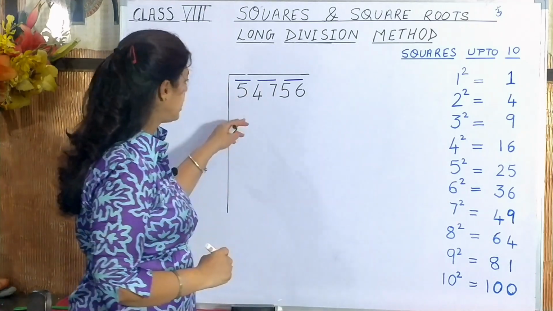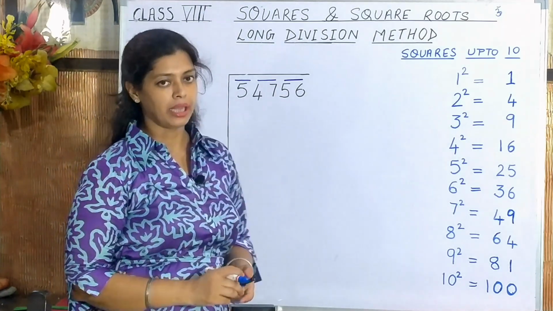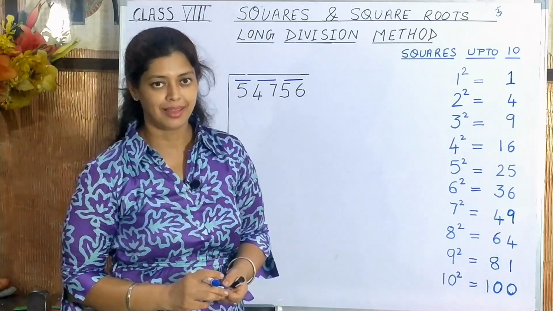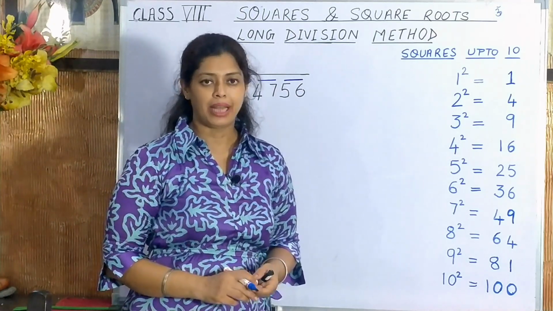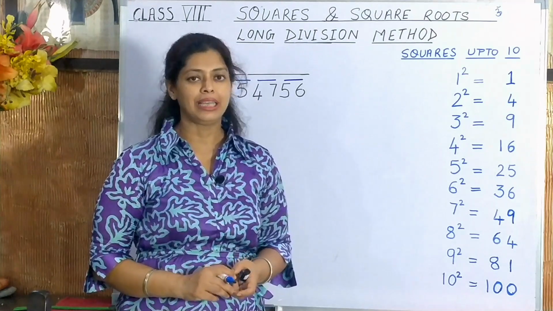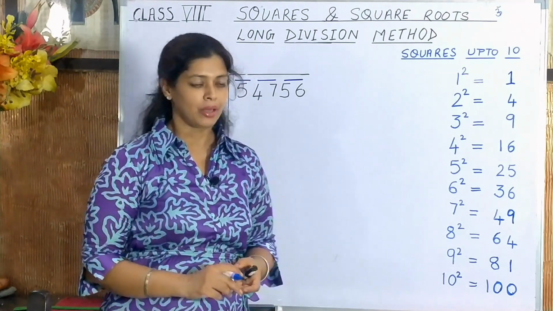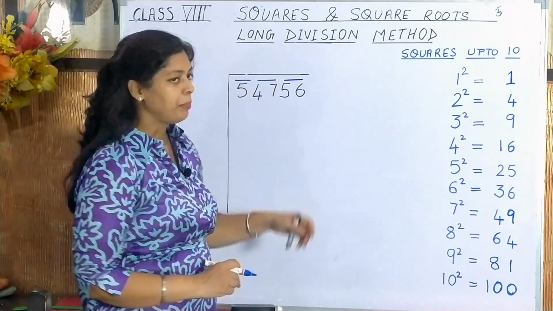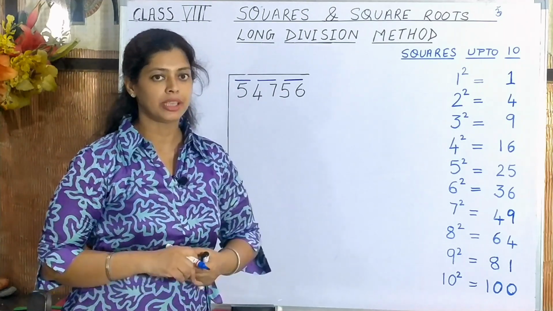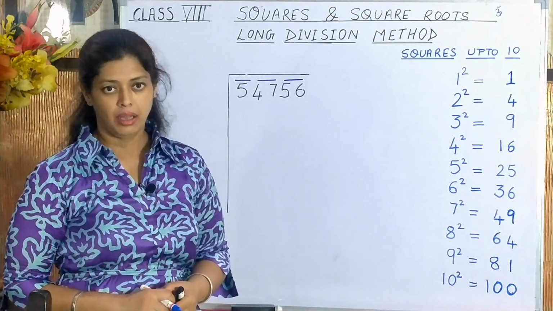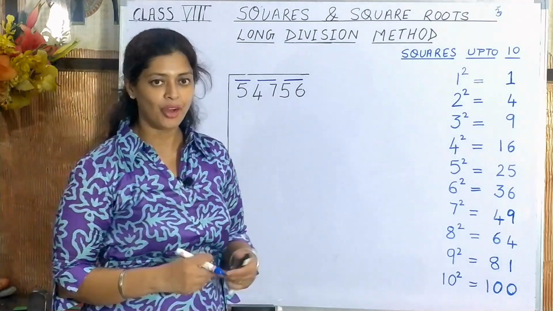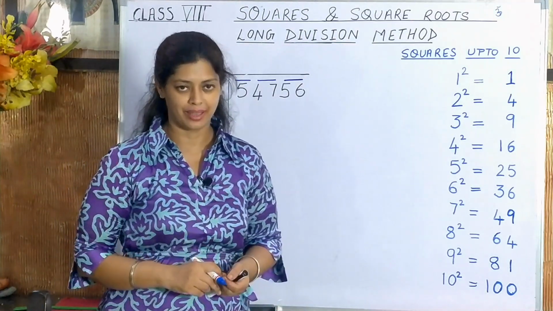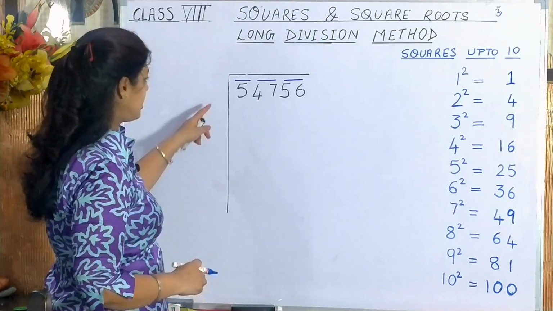Now before I proceed with the division, one important thing I would like to mention is that if you are familiar with the squares of numbers up to 10, this method becomes even more easy and simple, because when we are grouping the number in pairs, the maximum 2-digit number we get is 99 and the nearest perfect square to 99 is 81, and we all know that 81 is 9 square. So now I proceed with the division.